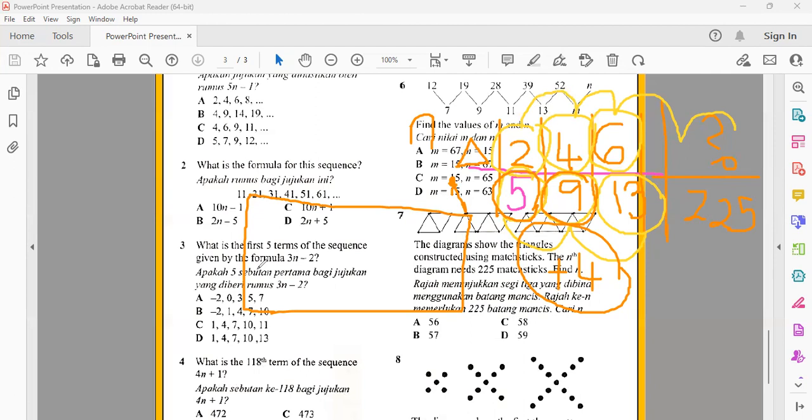Try. Give me some ideas. Think. Of course, when n is 1, you needed 3 matchsticks, but they've not shown here. It starts with 2.